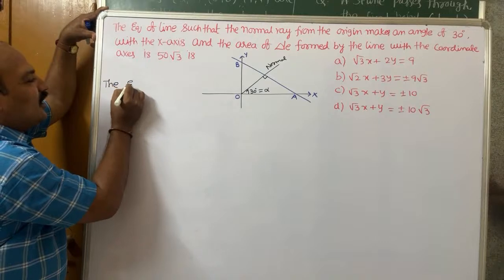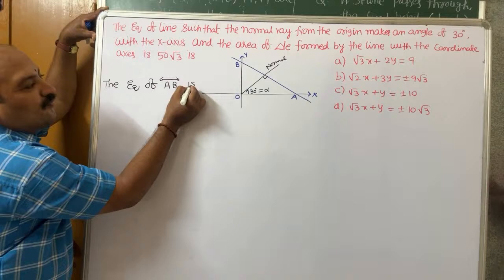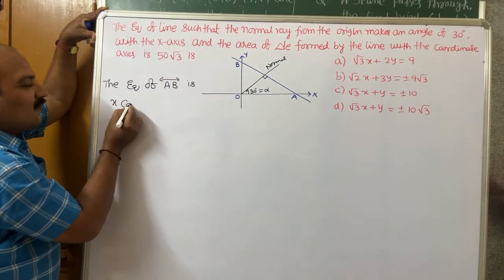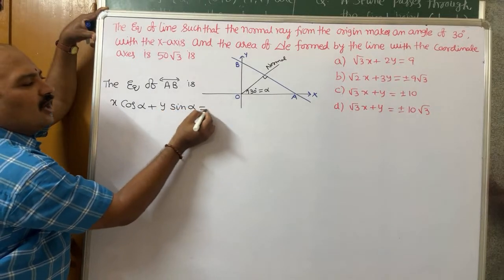The equation of AB is x cos alpha plus y sin alpha equal to P. P value we don't know.